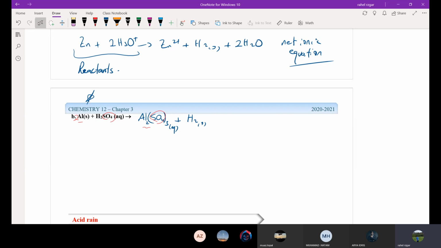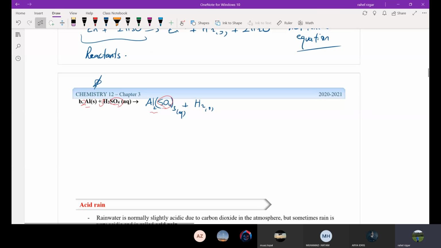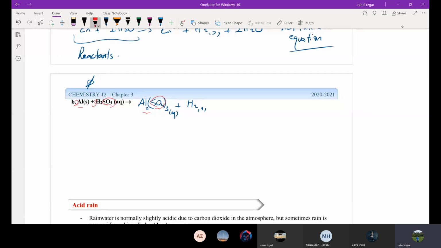You don't have to balance the S alone, the oxygen alone. So 1 SO4 here, 3 SO4 there, so we add 3. Now what is left? Only hydrogen. 3 times 2 is 6 hydrogen. Here is 2 hydrogen, so we also multiply this by 3.